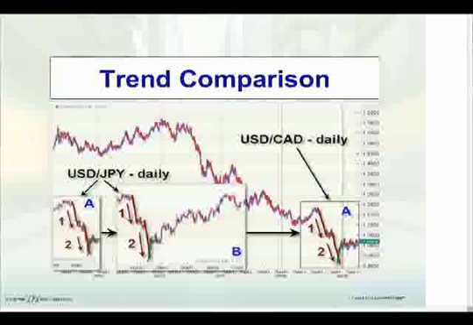The chart that we're looking at here, again, is the U.S. dollar compared to the Canadian dollar, the USD CAD pair. And back in July of this year, we were looking at a comparison between this and what had happened previously in the USD JPY pair.